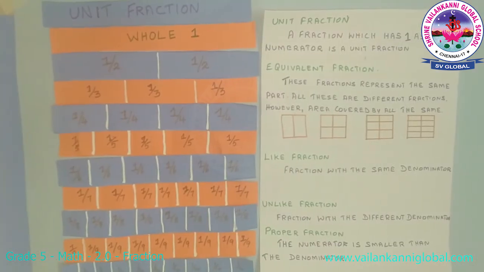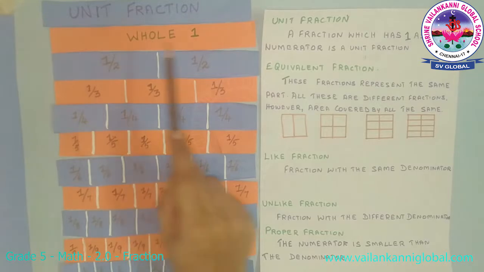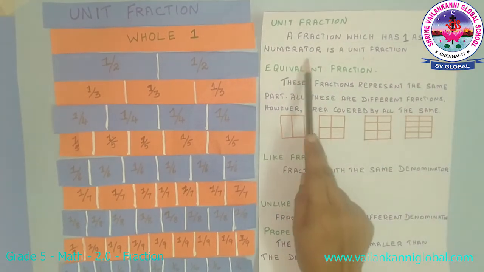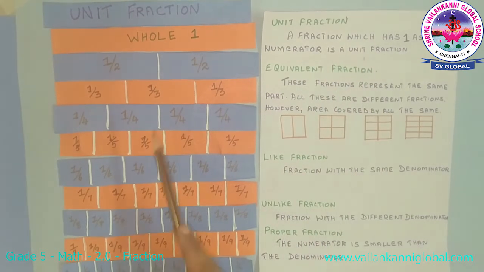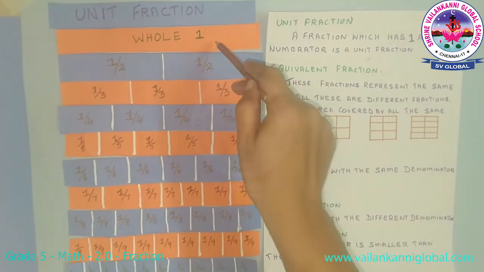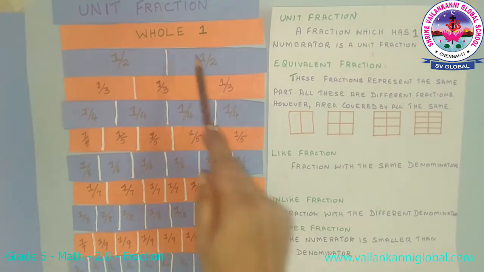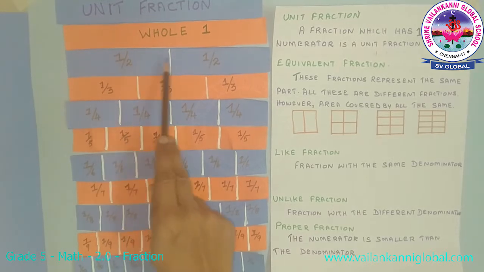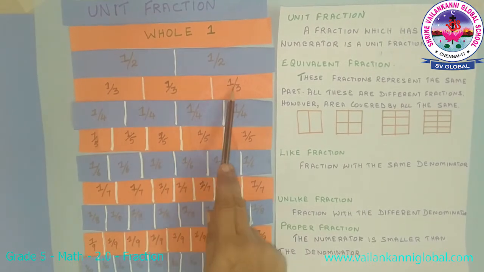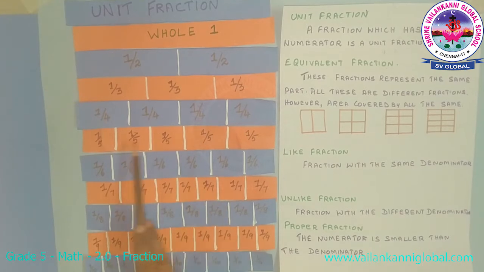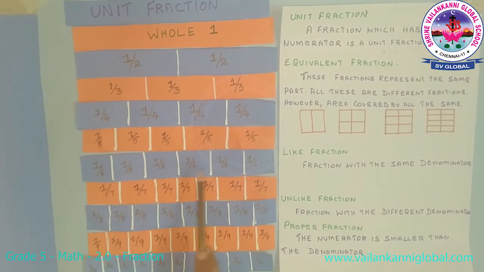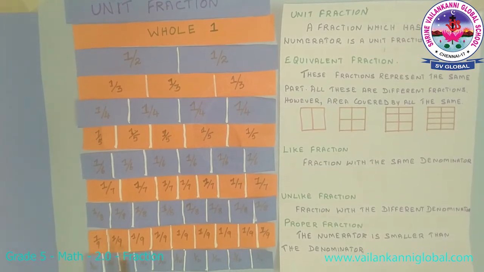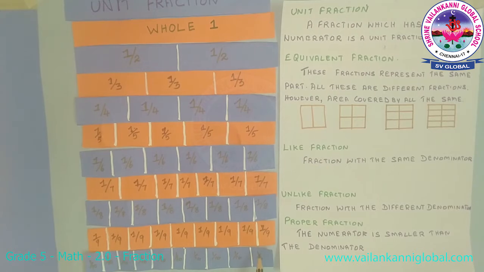Do you know what a unit fraction is? A fraction which has 1 as the numerator is a unit fraction. Here we divided one whole into halves, then 1/3, 1 by 4, 1 by 5, 1 by 6, and 7, 8, 9 and 10 equal parts.